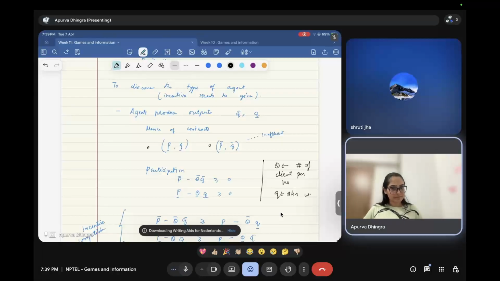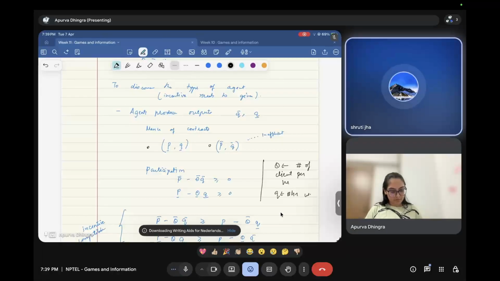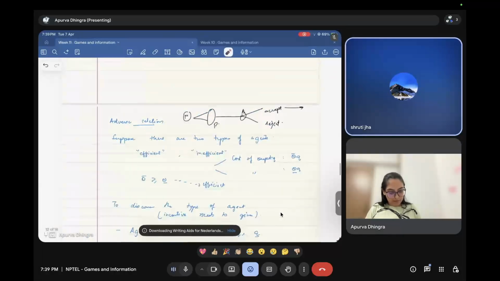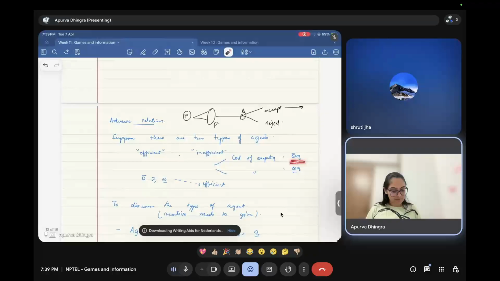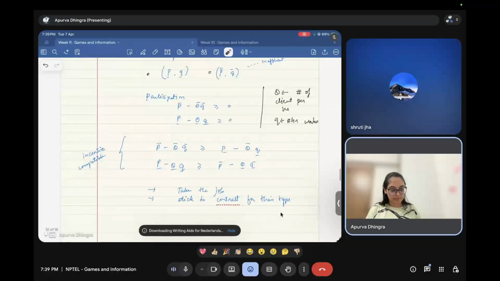Q is effort. And capital Q is the efficient output. And this object, Q times theta, is the cost of putting in that effort. So you can think of this as how many hours he put in to get something out of it.